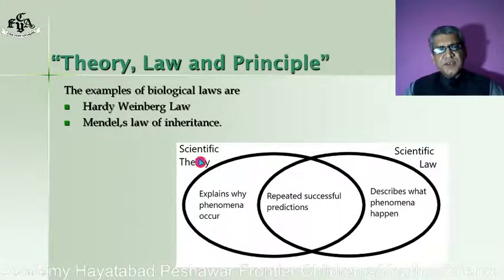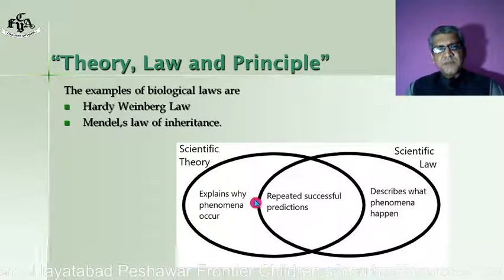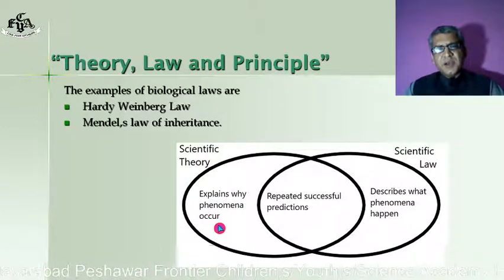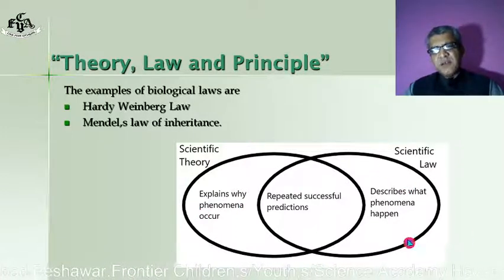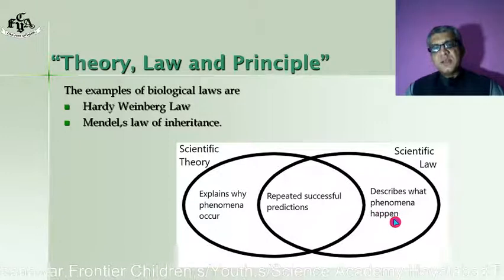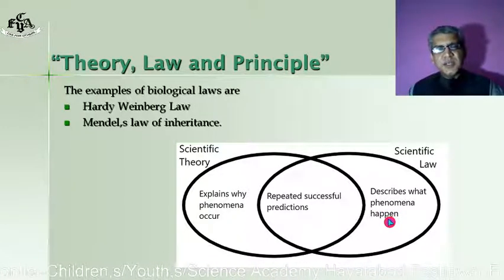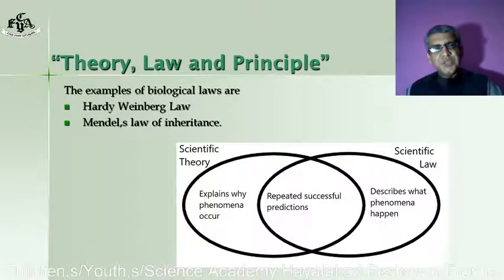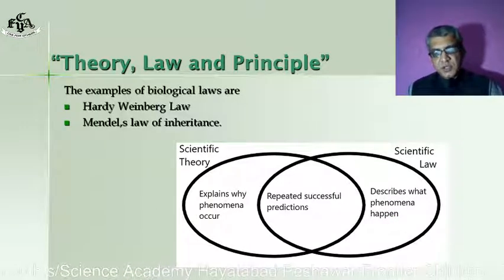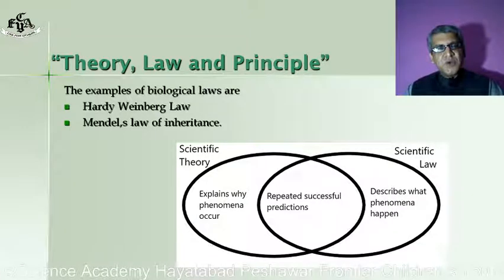Actually, scientific theory explains why phenomena occur, while scientific law describes what phenomena happen. So this is the difference between these two things, theory and law or principle. So this was about a few definitions related to the previous topic.